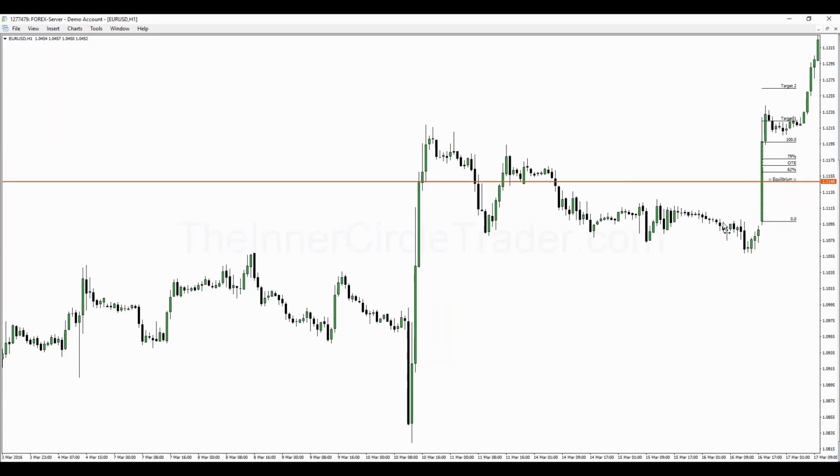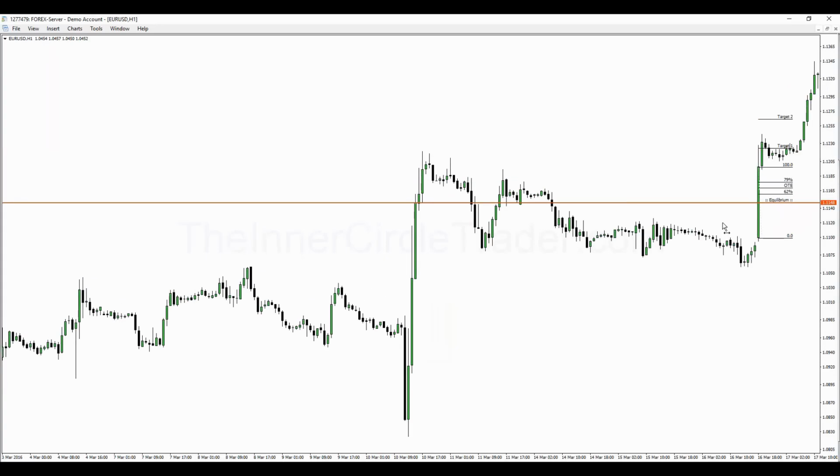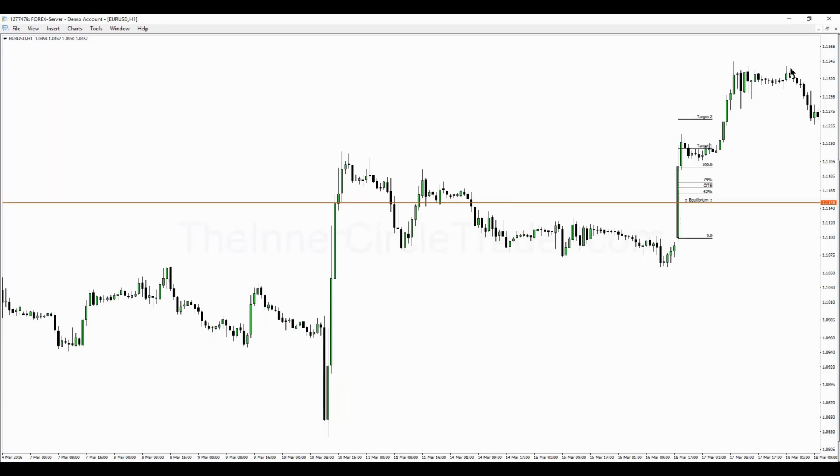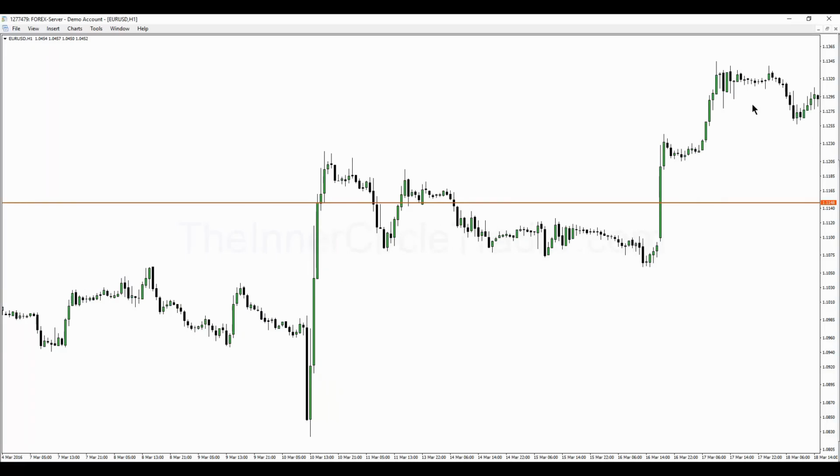Market trades higher, but it shows a breakdown in here. In here, this failure swing right there, we're going to be looking at this low.